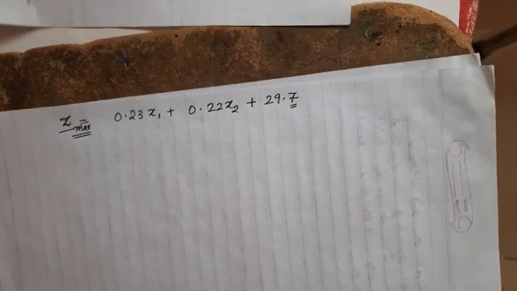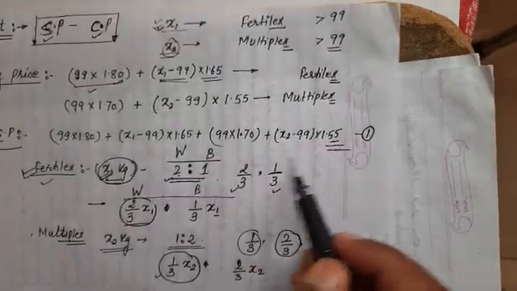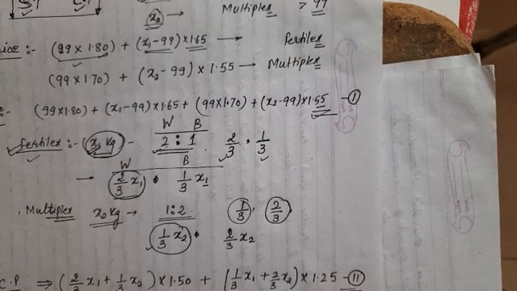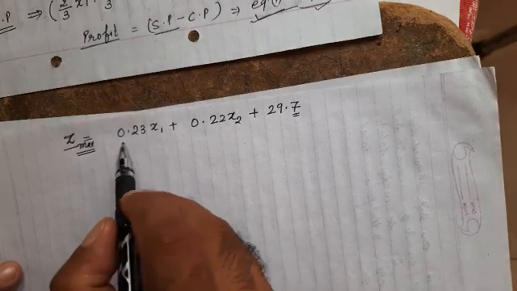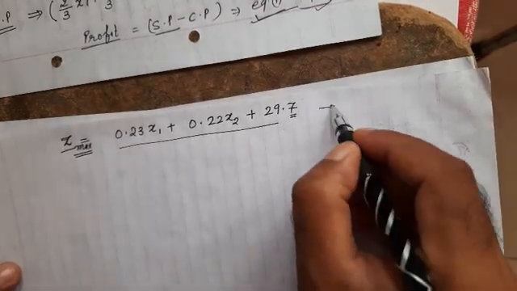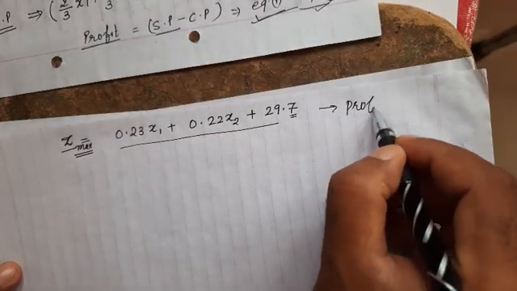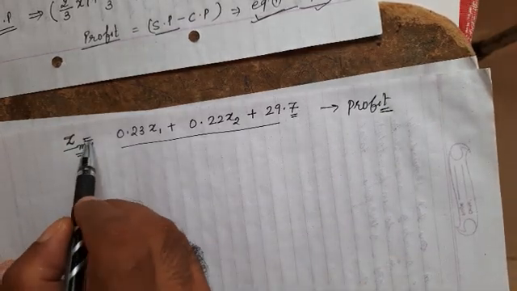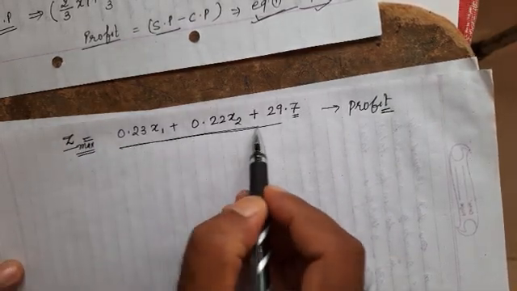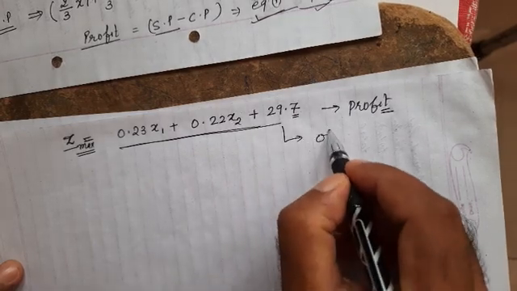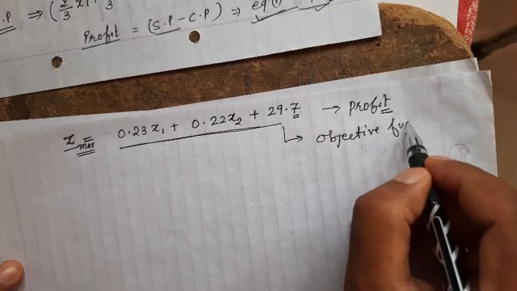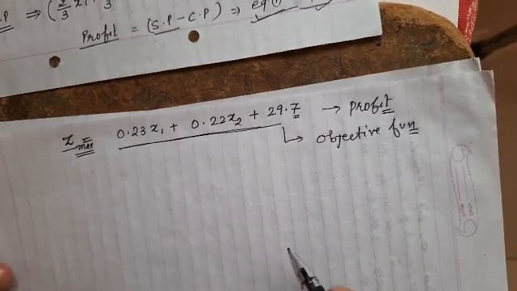So how does z max come? Selling price minus cost price. When you do this mathematical calculation, this will be the value of z and this will be your profit, because it has to be maximized. So I will write z max equal to this much, and this will be your objective function.